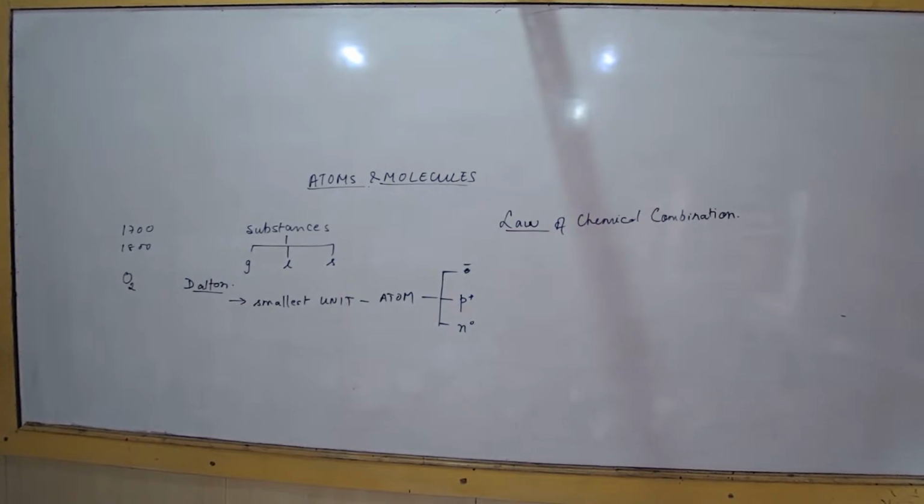Democritus was a Greek philosopher. And the meaning of atom is indivisible. Put it in bracket: it is indivisible.